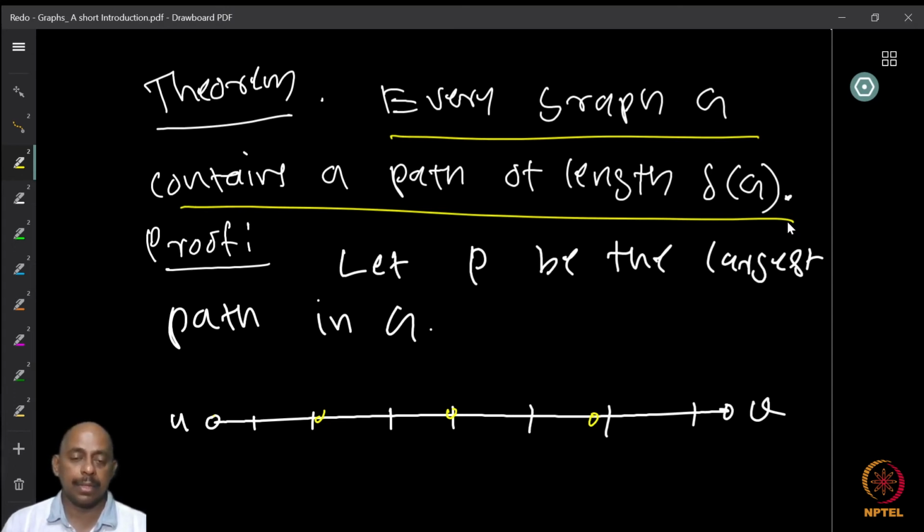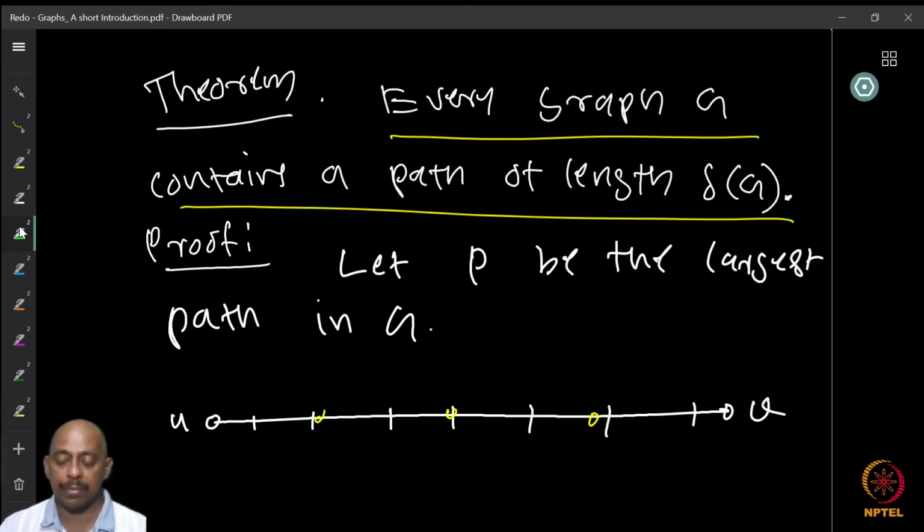So here is the proof. If you think about it for some time, you will get it. But you can stop and think about it for a few minutes. But then I continue. I look at the UV path, which is the longest path in the graph.